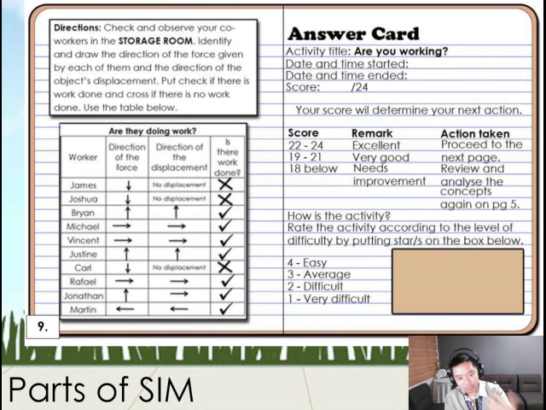After reading or reviewing again, and if they got 19 to 21, it says very good. 22 to 24, it says excellent. Then the learner can now proceed to the next page.